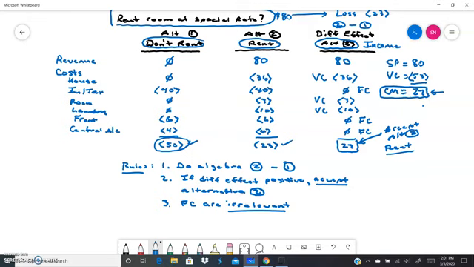So in terms of the rules that we're going to look at when we do differential analysis, number one, we're going to do the algebra. In other words, we're going to take alternative 2 minus alternative 1. So whatever is in column 2, we're going to subtract column 1 from it. But we have to be careful because, remember, costs are negative.